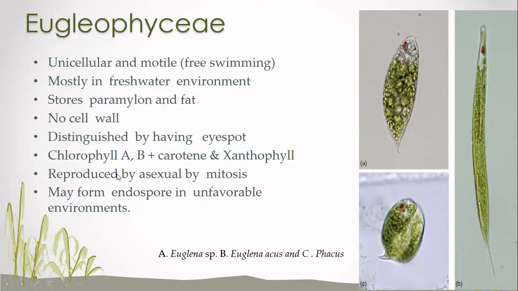But they form endospores if the condition of the environment is not favorable. So for example, if the pond dries up, they have to be inactive in the form of endospores. So they form an encasement, a case to encase themselves during the dry season.